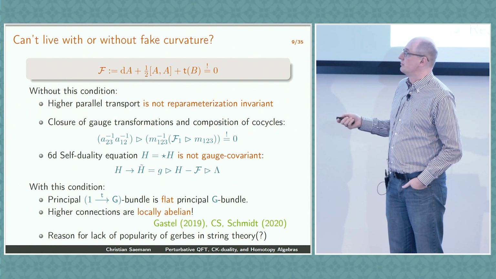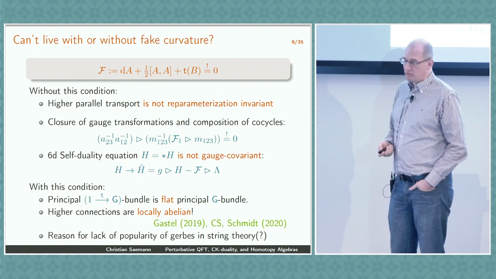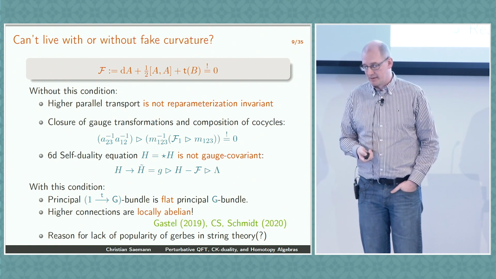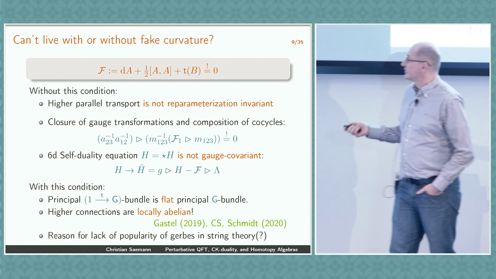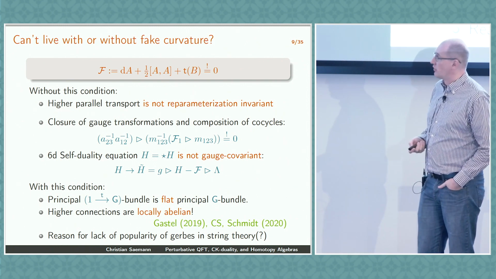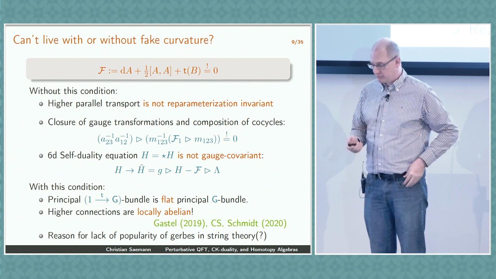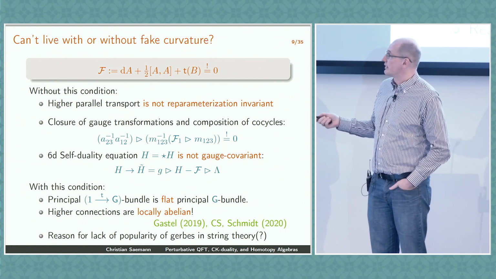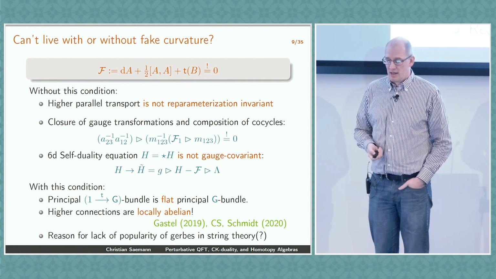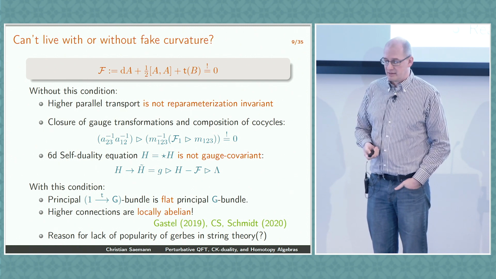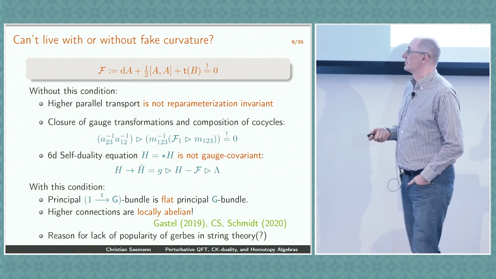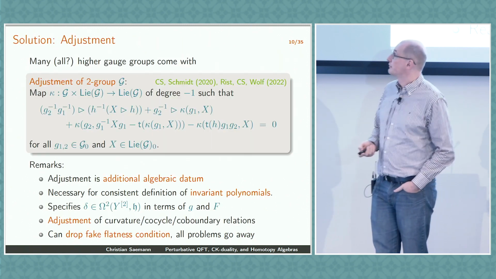But if you impose this fake curvature condition, you're back down to abelian gerbes locally. And I think this is actually the reason for the lack of popularity of non-abelian gerbes, of these principal 2-bundles, in string theory, because people observe this in informal calculations. You get this very, very quickly. And then you think that they are useless, essentially, or for many purposes not that useful.